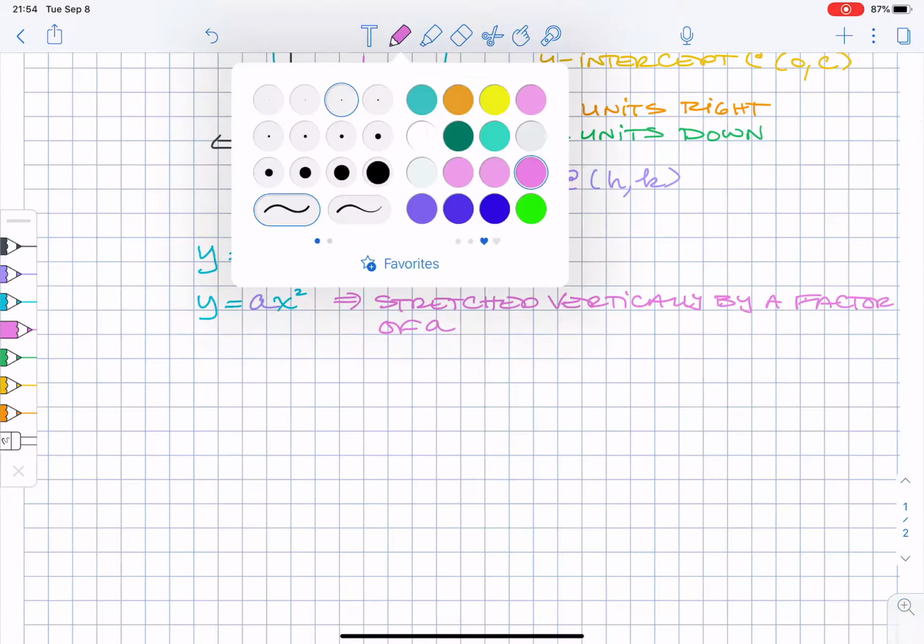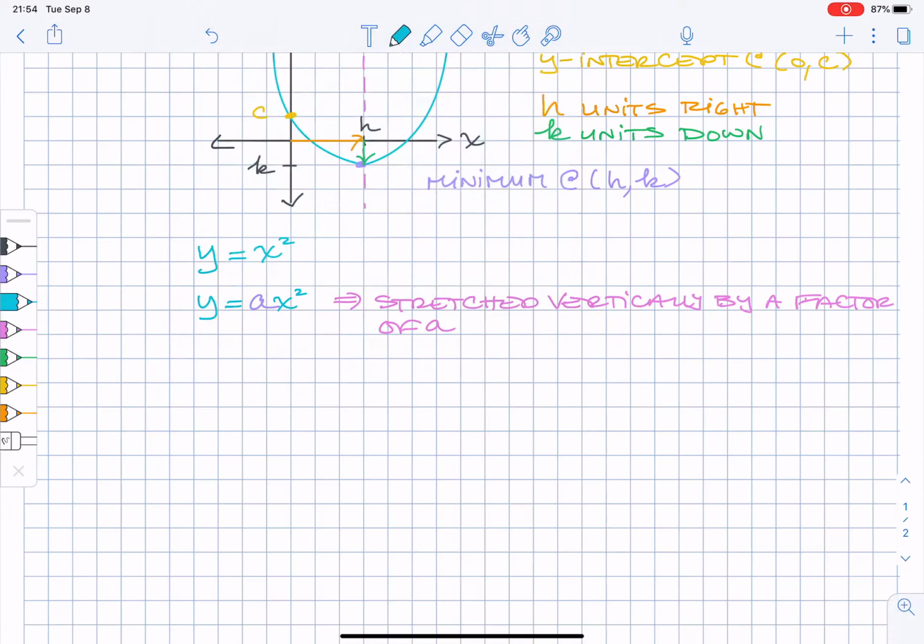Okay, now let's say I want to continue with this, say it's still stretched vertically by a factor of a. But now I want that it shifts h units to the right. Well, that's going to be x minus h quantity squared.